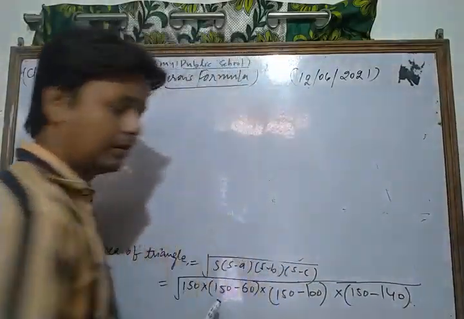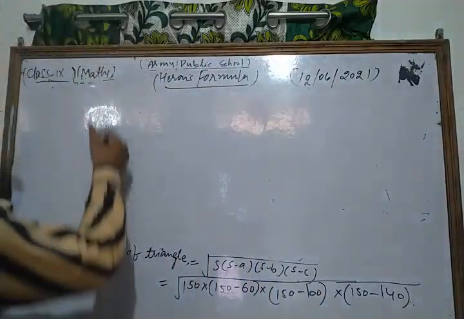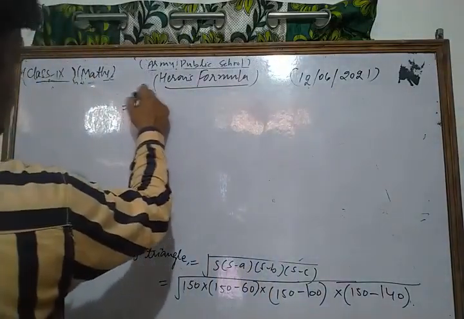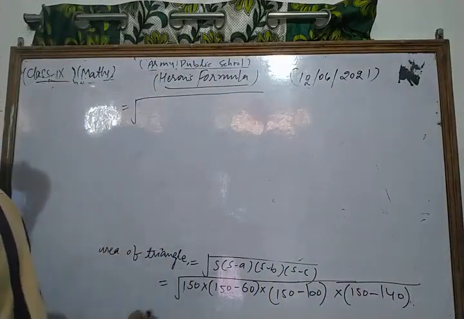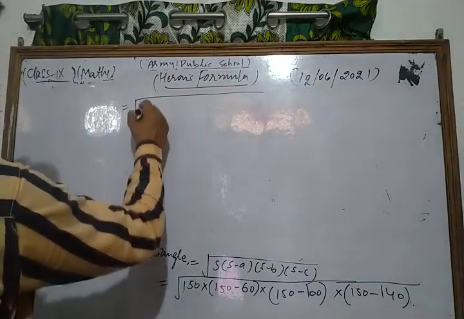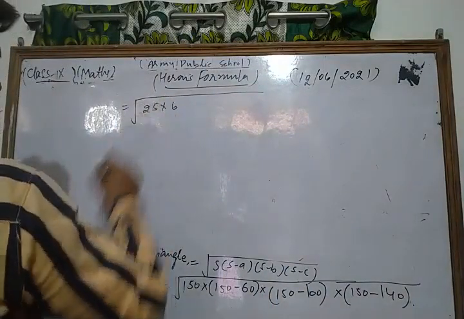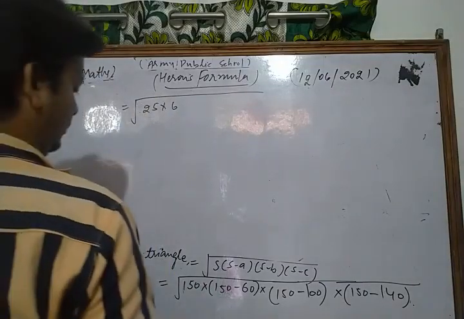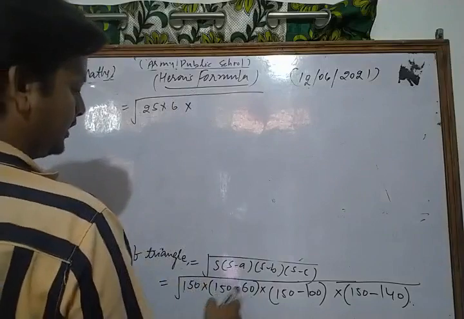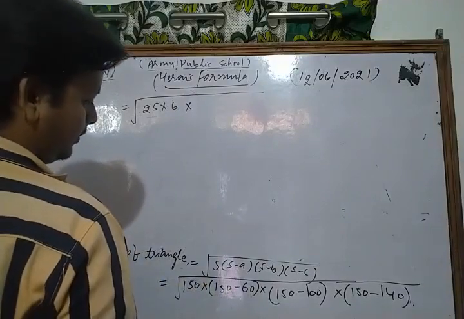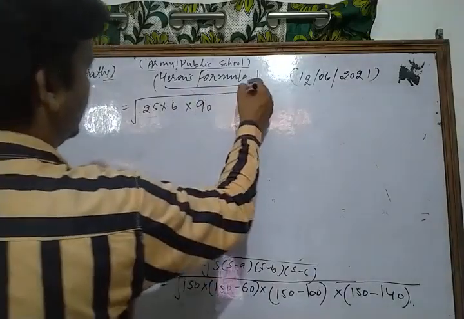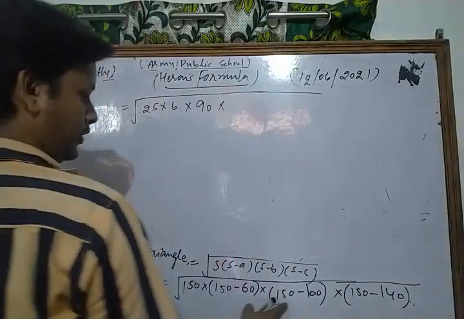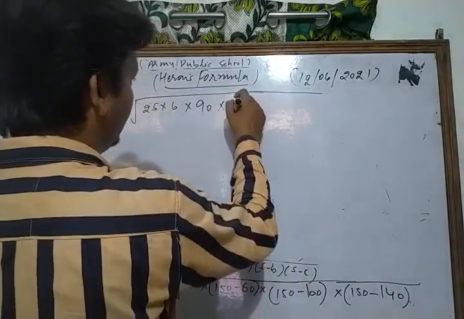Now dear student, we simplify them. Let's see. 150 we can write as 25 into 6. Now 150 minus 60, that is 90 is left. Now 150 minus 100, this is 50 is left.